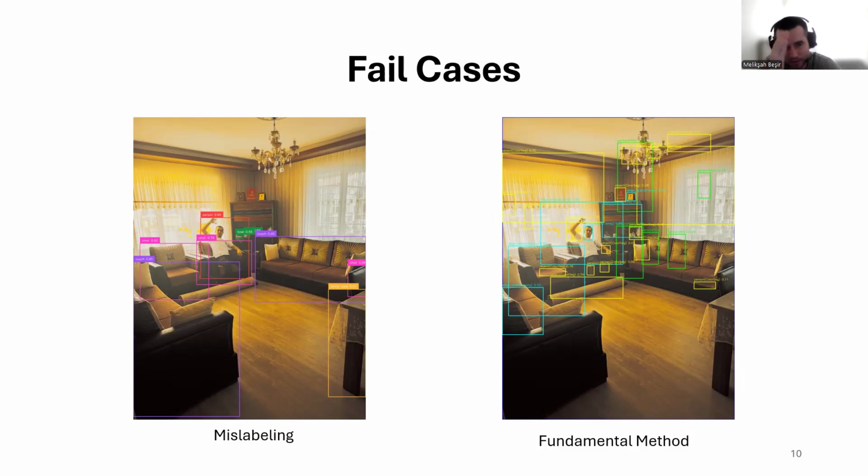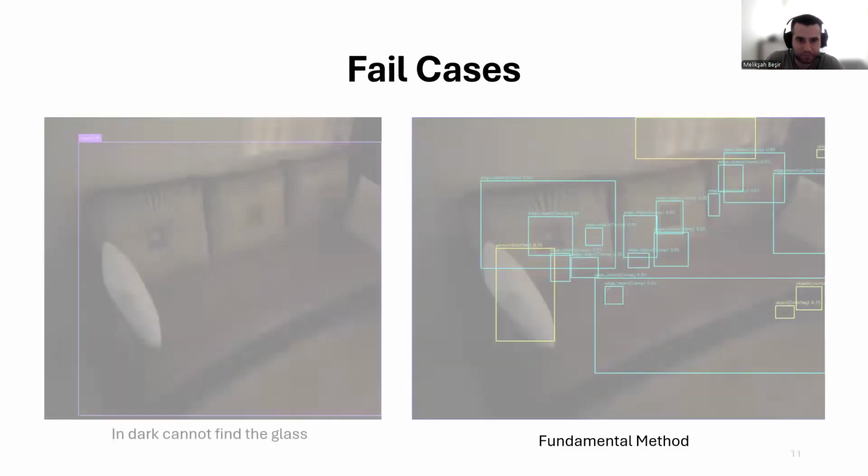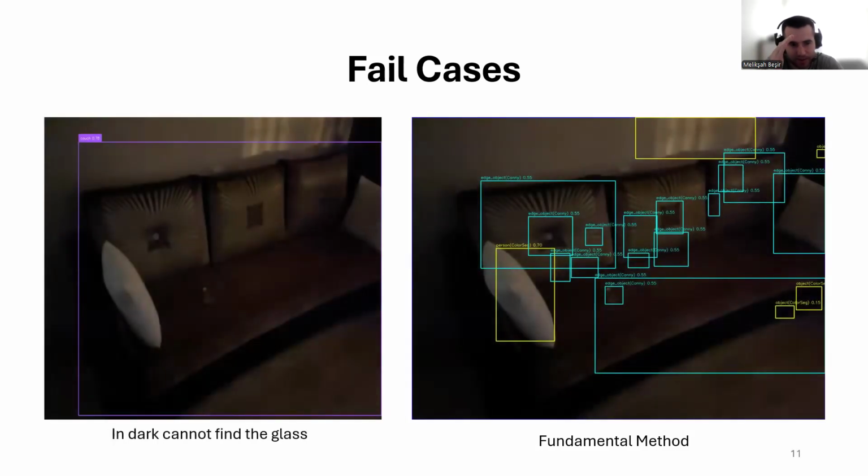As you can see in the left photo, I have a glass in my hand, but it cannot detect the glass and it mislabels the couches as chairs. Here in the dark image, it cannot find the glass, but the fundamental methods find everything, which is meaningless.